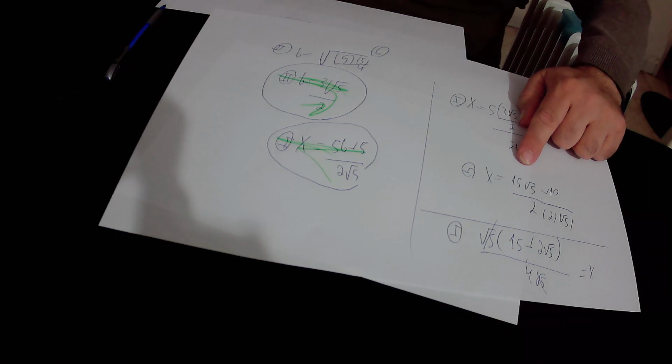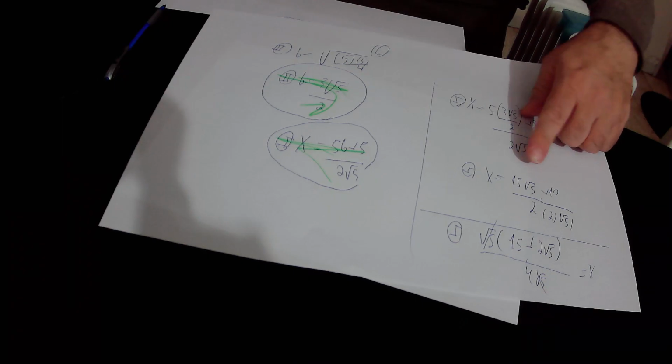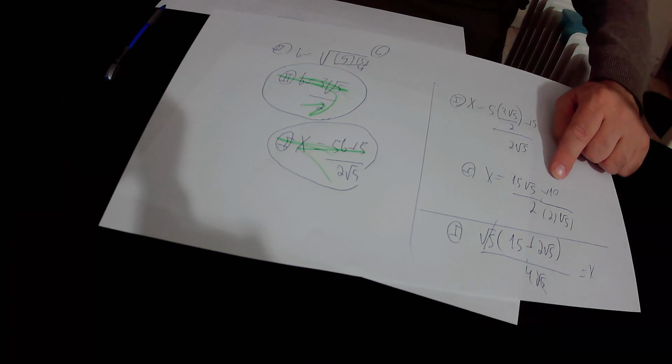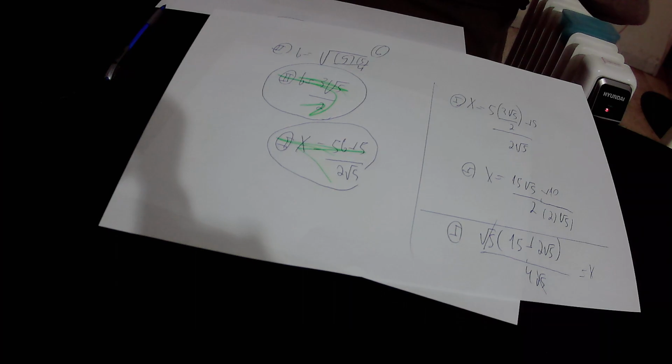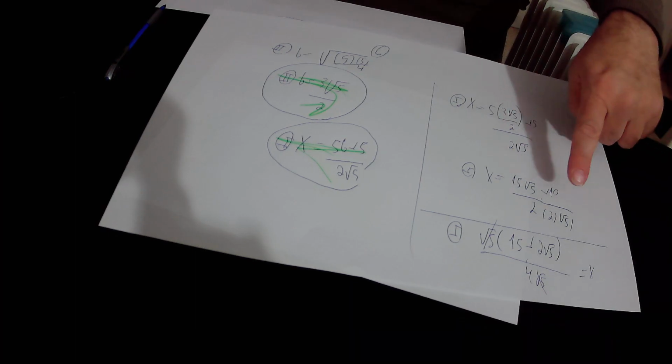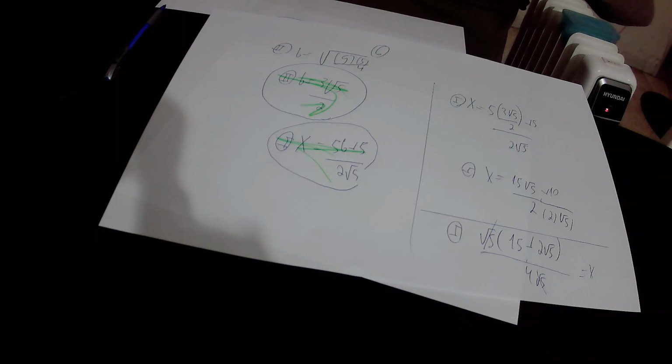What is left from 15 times root of 5 after we took root of 5 as a common factor? What is left is actually 15. What is left from 10 after we took root of 5 as a common factor? It's actually 2 times root of 5. Why? Because 2 times root of 5 times root of 5 in total equals 10. All divided by 2 times 2, which is 4, times root of 5.